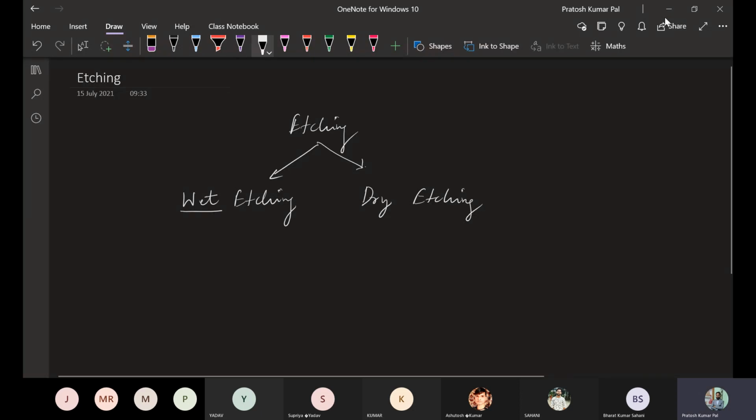As the name suggests, wet etching is the etching process in which some chemical reactions will be taking place. So this wet etching is also called chemical etching.